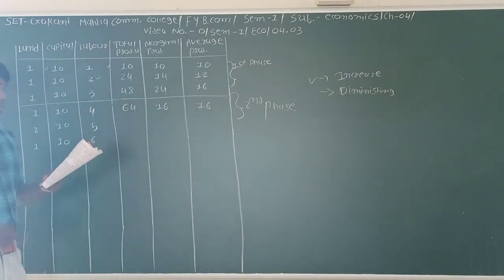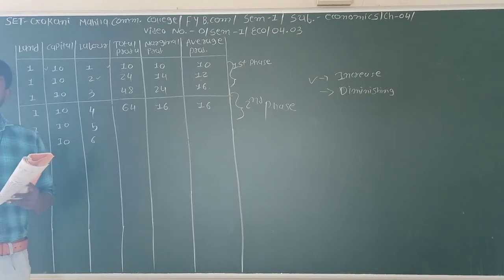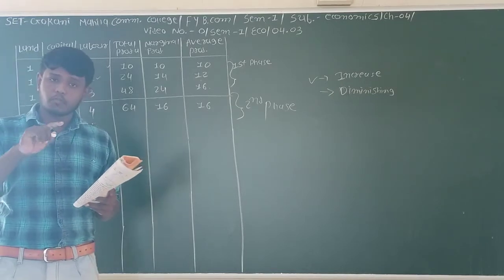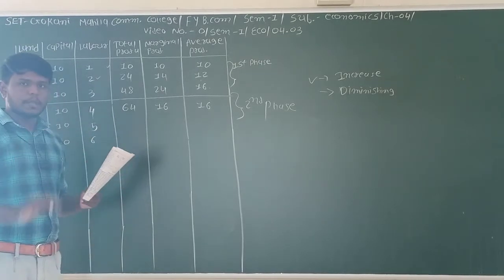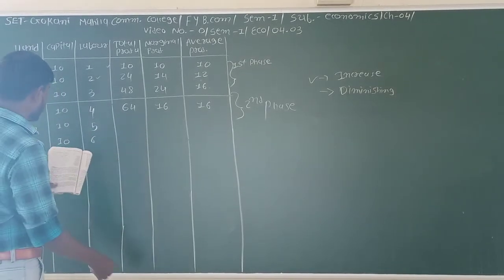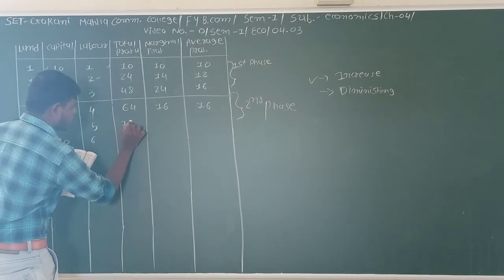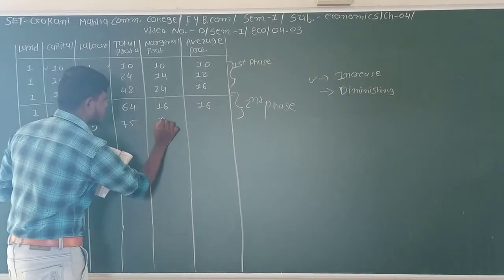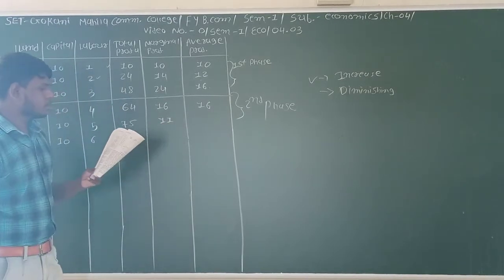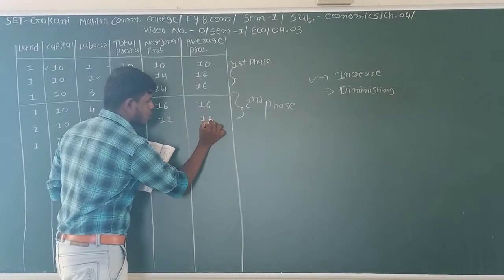After that, if you add one more factor in your production system, again it will be in the decremental stage, so it becomes 75. After that, it is 11 and it will be 50.